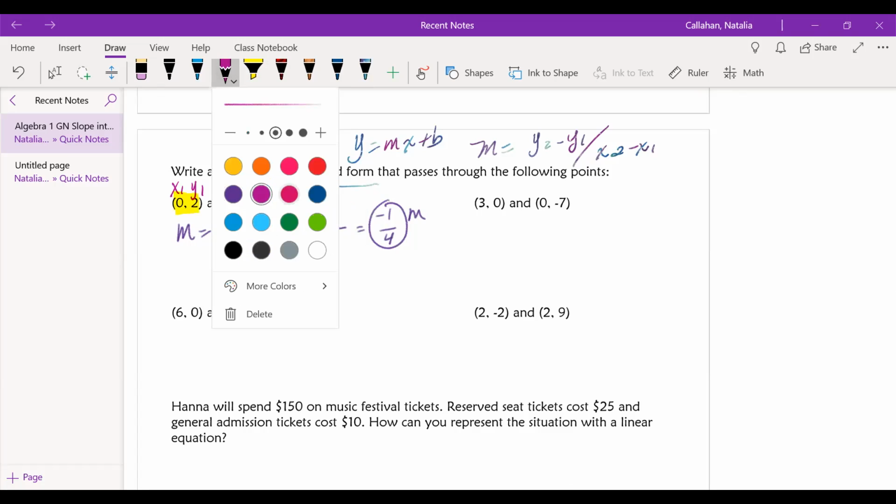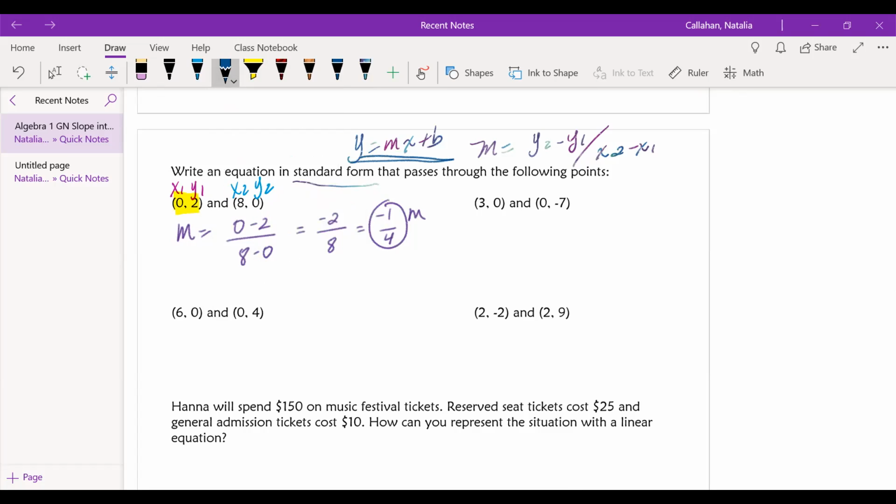It's a small number. So then when I plug this into slope-intercept form, I have y, and my y is a 2, equals m. My m is -1 over 4. My x is a 0, plus b. But lucky for me, this part just cancels. Well, I didn't want to get rid of all of that.